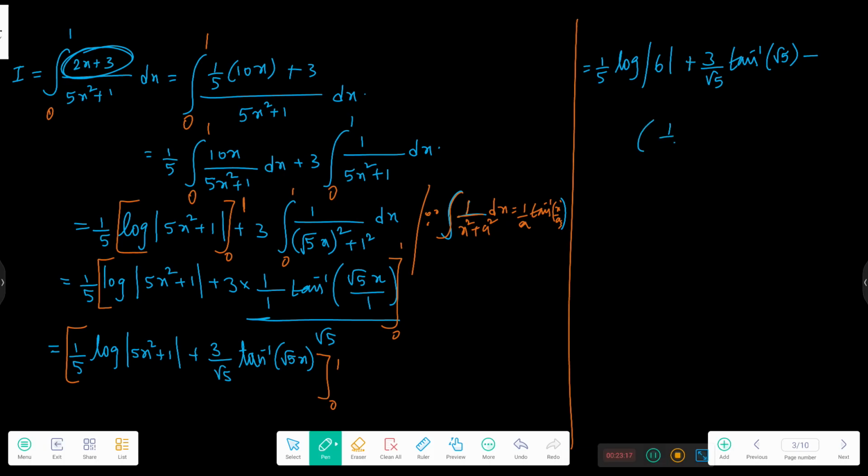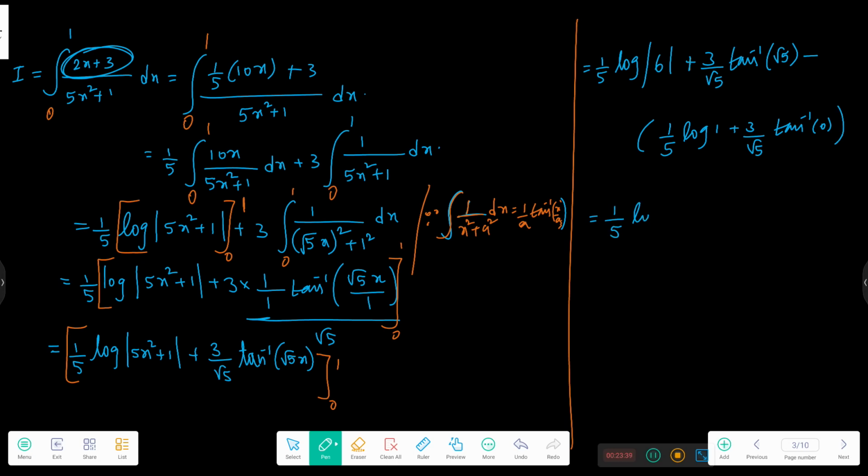Open the bracket. 1 by 5 log. Here x term is 0, so log 1. Log 1 will be 0. 3 divided by root 5 tan inverse of root 5 into x, x value is 0, then tan inverse is 0. That is also 0. Everything will become 0 for the lower limit.